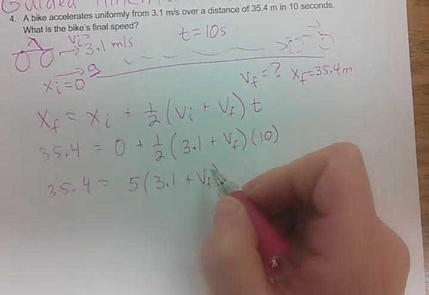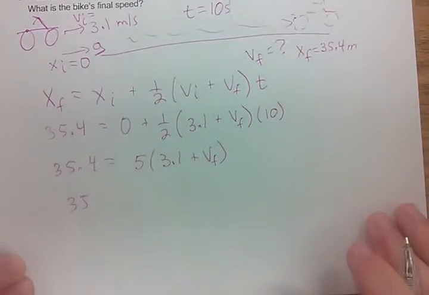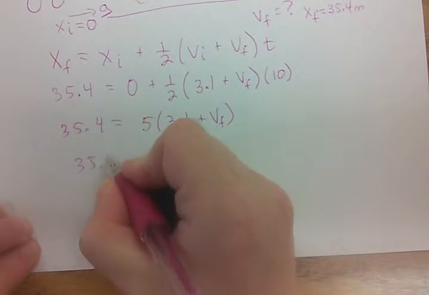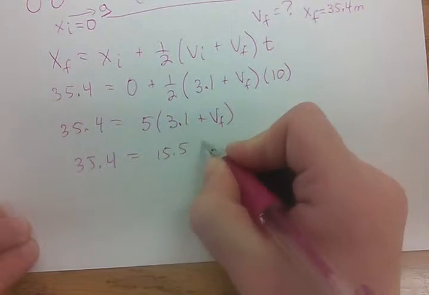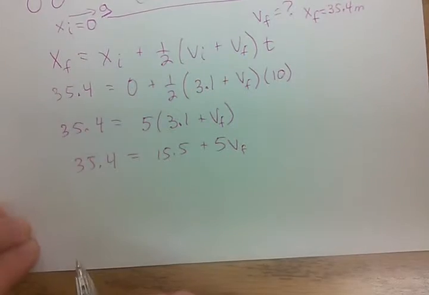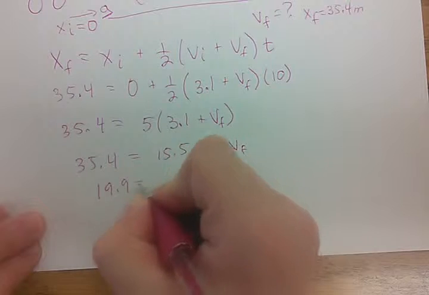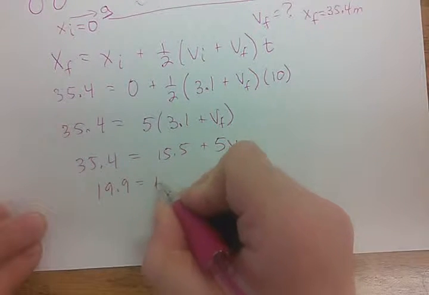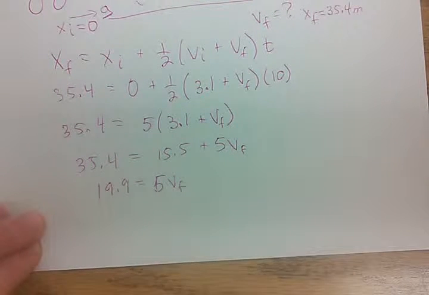Then I'll go ahead and distribute that 5. Then subtract 15.5 from both sides. Then divide both sides by 5.